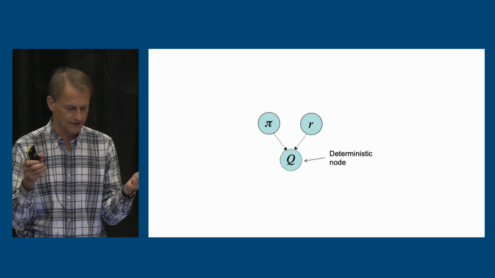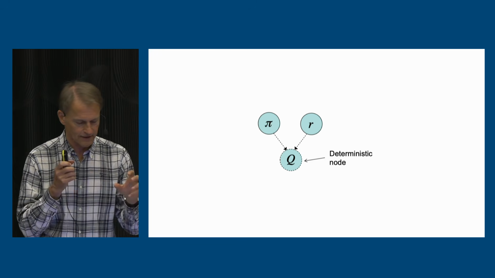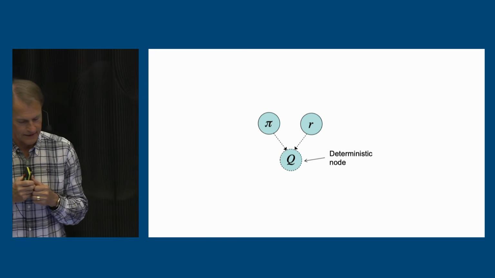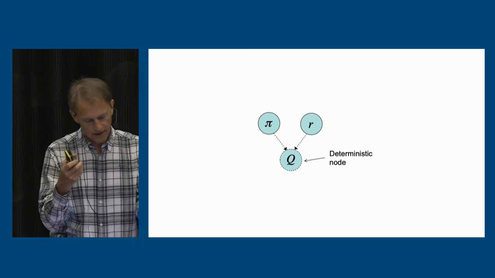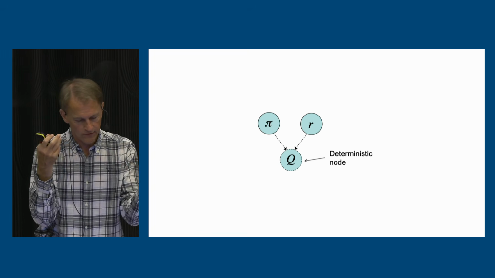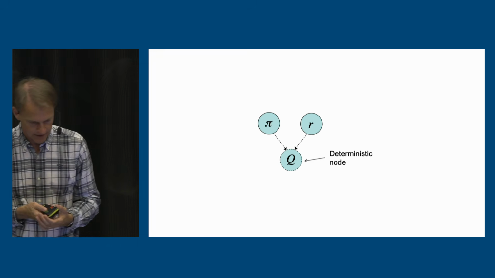So for instance, the instantaneous rate matrix Q, you can think of that as being a deterministic node in this terminology, and it's really composed of these two random variables, the stationary state frequencies and these exchangeability rates.